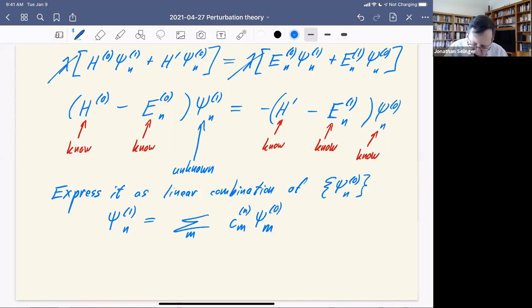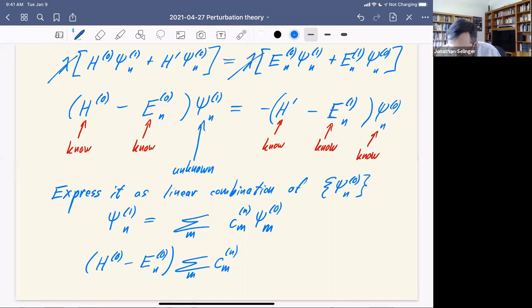All right, and then our equation becomes H0 minus E0n acting on this sum, C nm psi 0m, is equal to this thing, minus h prime minus E1n acting on psi 0n.